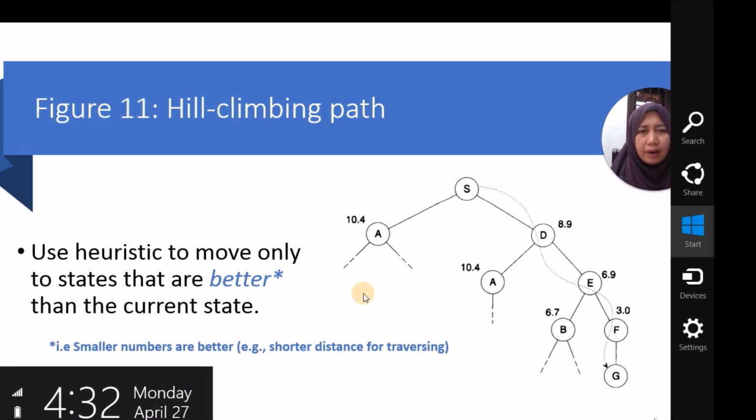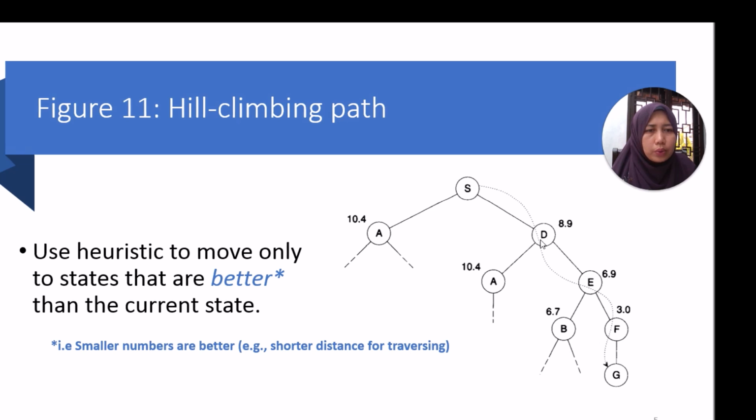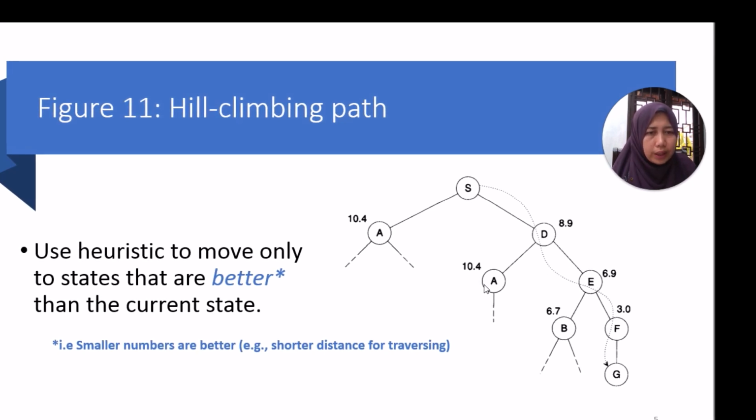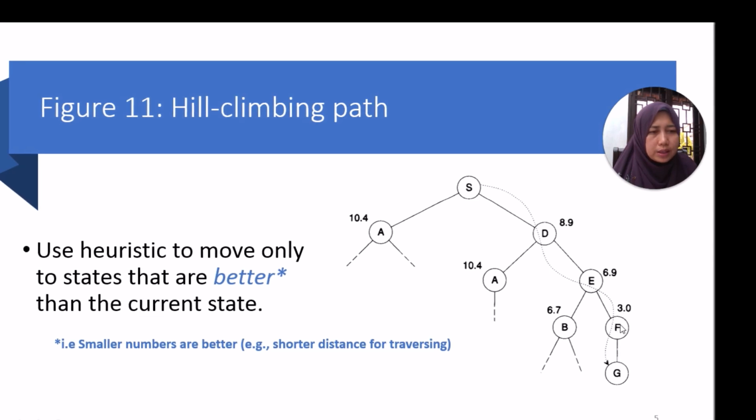Comparing A and D, because D, the distance from S, is 8.9, S will always choose D. And then from there, choosing E instead of A, because the value of E is lesser. Similarly, F is chosen instead of B because the value of F is lesser.